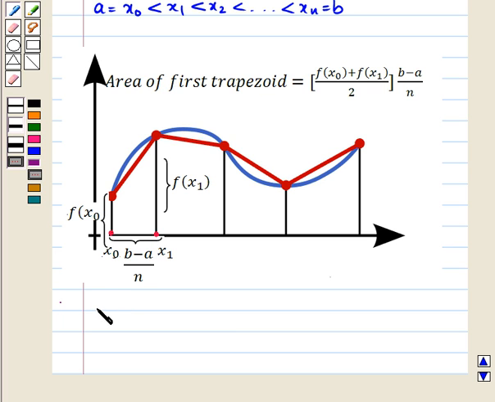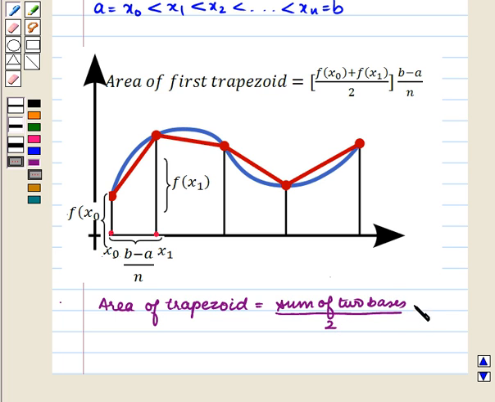We know that the area of a trapezoid is equal to the sum of two bases upon 2 into height.